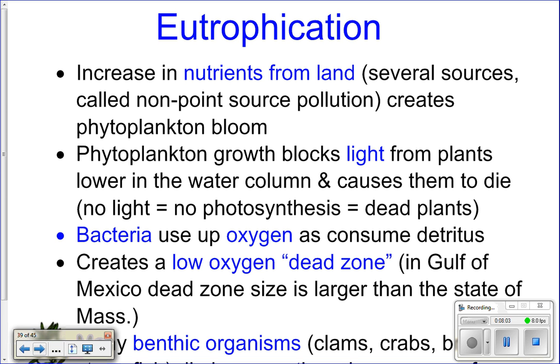Because these plants are dead, they're not doing photosynthesis, not creating oxygen, so it creates this oxygen dead zone, or a low oxygen zone, which we call a dead zone because nothing can live there. So all plants and animals basically can't survive there because there's not enough oxygen for them to breathe.